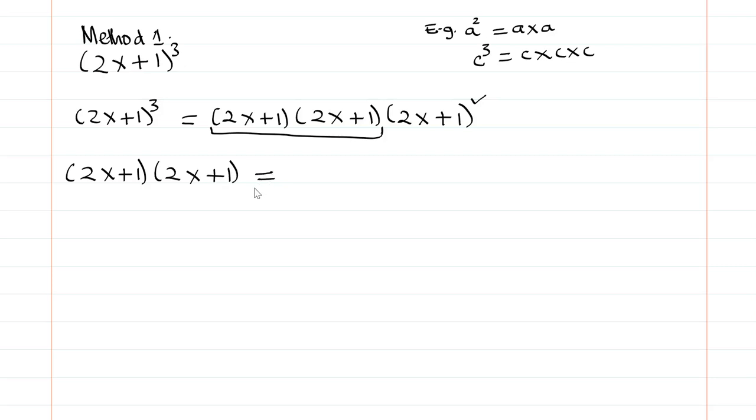Remember, in operation of brackets, every term in one bracket has to multiply every term in the next bracket. To show this, I will say this 2x here, which is the first term of the first bracket, should multiply the 2 terms in the next bracket.